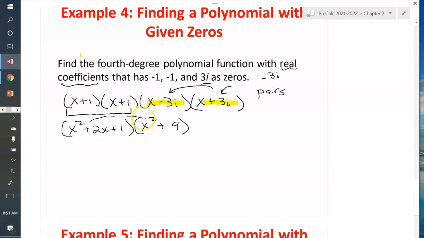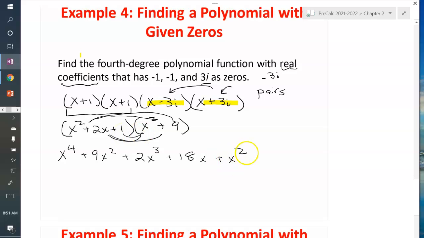So let's distribute our first term, x to the 4th. Distribute second term, plus 9x squared. Now we're going to distribute the 2x. 2x times x squared is 2x cubed. 2x times 9 is 18x. Now distribute your last term, the 1, plus x squared plus 9. And that's what our polynomial is.